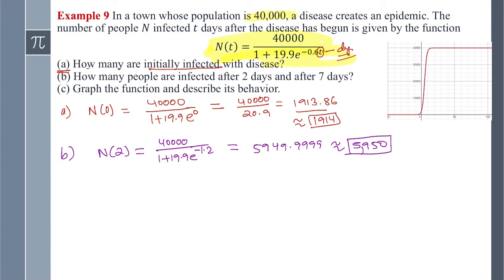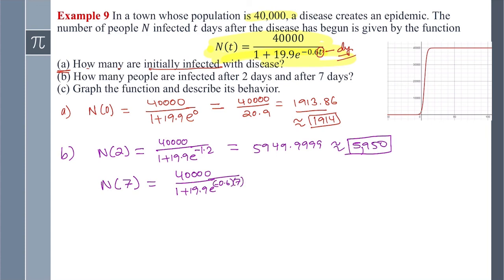So let's check the other one. N of 7. Let's see how many people are infected after day 7. Again, we put everything into the calculator: 1 plus 19.9 e to the negative 0.6 times 7.